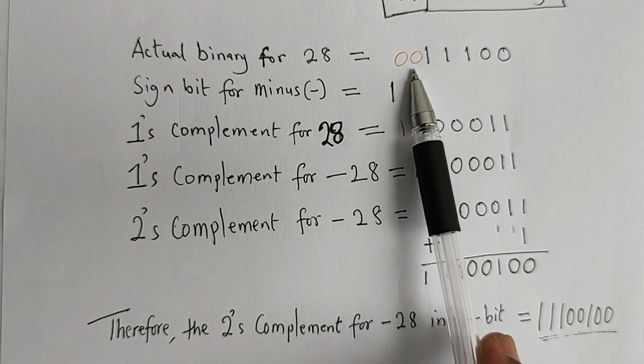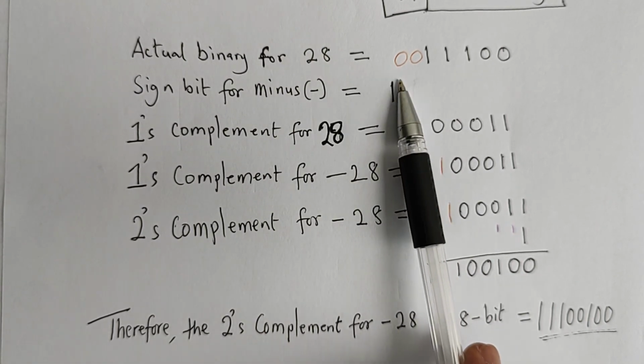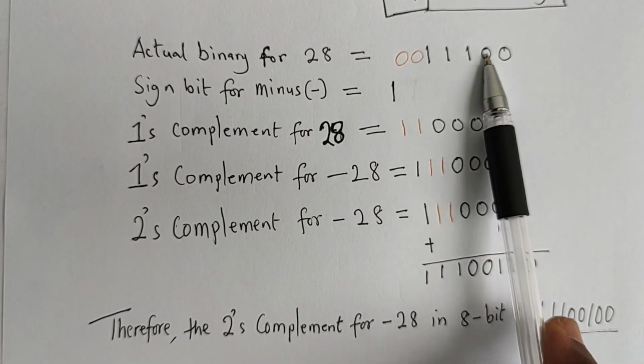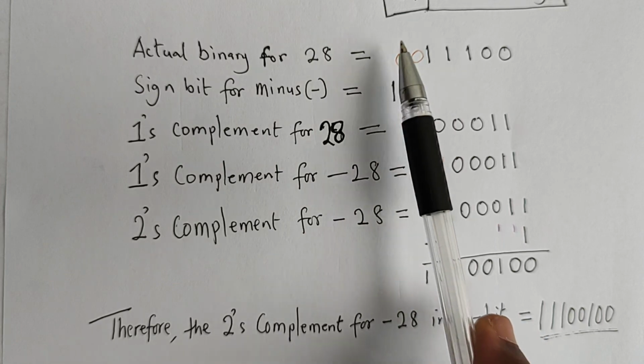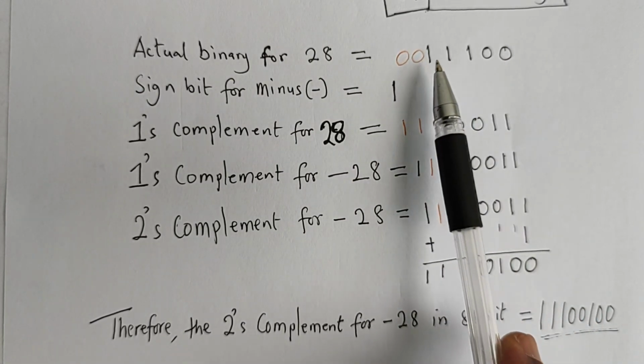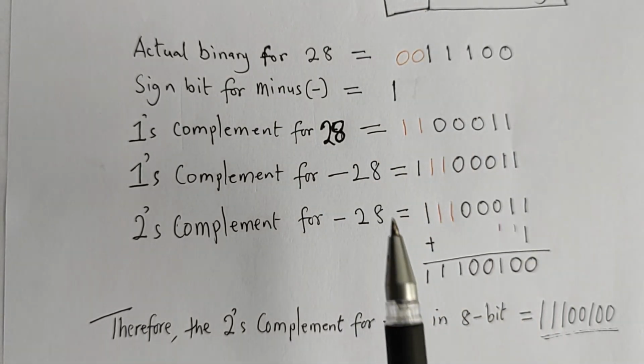The 2 zeros are not significant. It's just a pad because the question says we need to represent it in 8 bits. If you count all the bits together, you have 1, 2, 3, 4, 5, 6, 7. So you have 7 bits, and the last bit, which makes it 8 bits, is the bit coming from the sign. Put everything together and you have 8 bits.